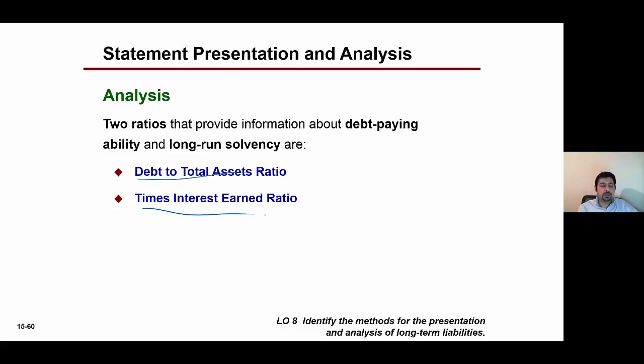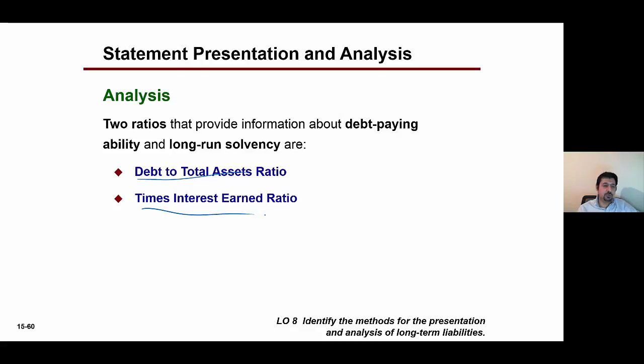The first one tells us the ability of the company to meet its obligations and to pay its debts. The second one tells us the ability of the company to pay the interest that it has to pay.